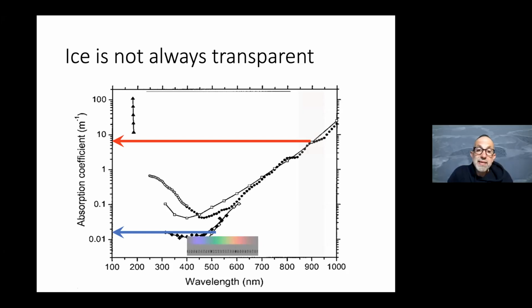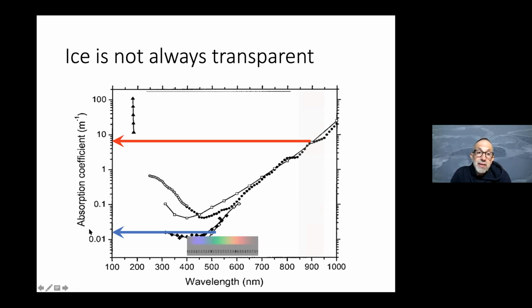So ice is not always transparent, I say, and I try to explain that. Now you see this figure. On the x-axis, on the bottom, you see the wavelengths of light. And in this range between blue and red, those are the wavelengths we see as humans.